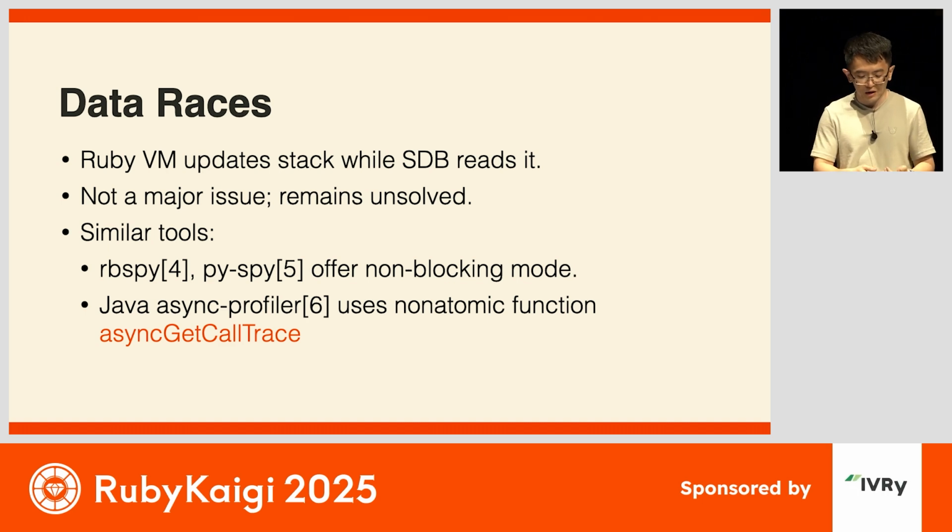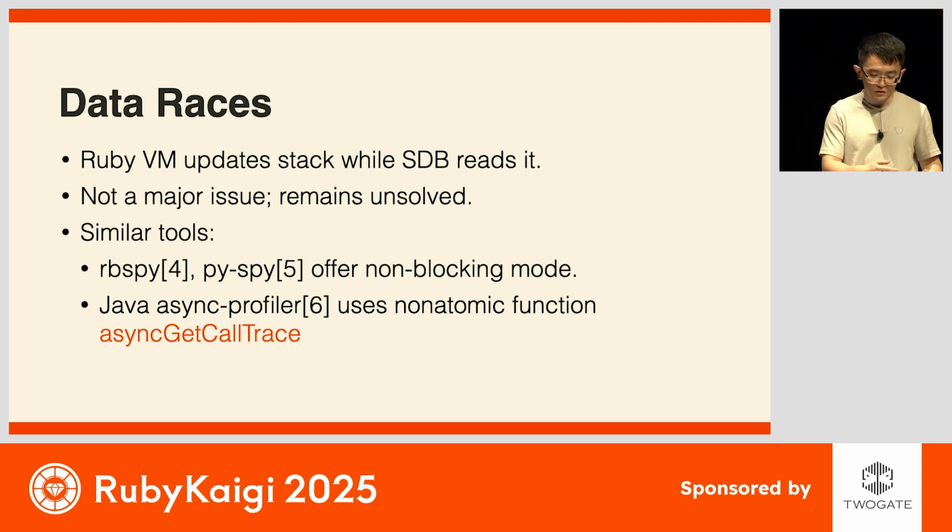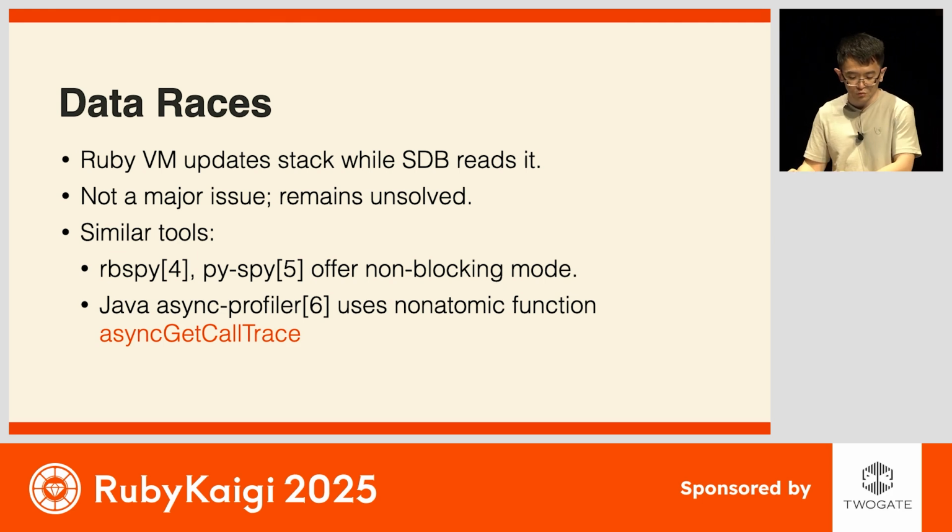For example, rbspy and py-spy both offer a non-blocking mode. That means in that mode, it's not thread safe. Or you can see the Java async profiler, which uses some functions that don't guarantee atomicity, so it has the same issue. So I believe in practice, the data race is not something that must be solved.